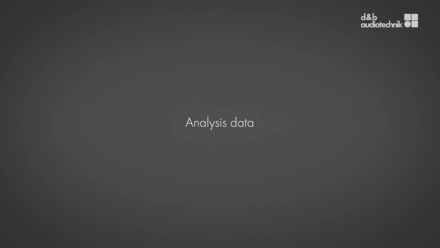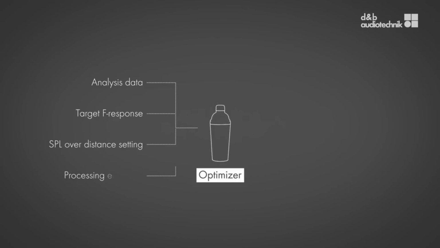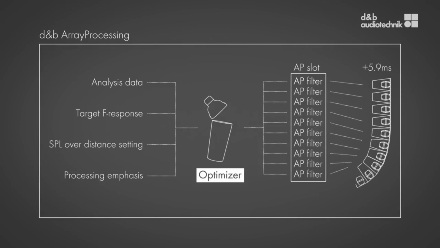The optimization process evaluates a predefined target frequency response, user-definable settings for level over distance, and processing emphasis. The result is a clever combination of FIR and IIR filters for each individual cabinet. This method keeps the additional system delay for array processing at just 5.9 milliseconds.